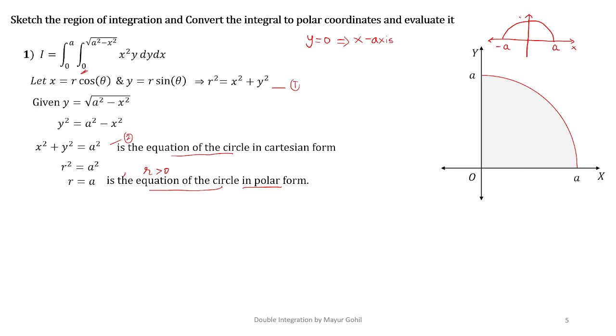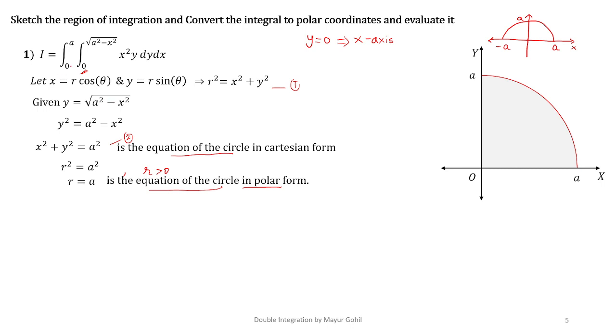which is above the x-axis from minus a to a. We have seen this in our previous video lectures, and we have learned to identify semicircles from the given equation. So we can see that it is the semicircle above the x-axis.